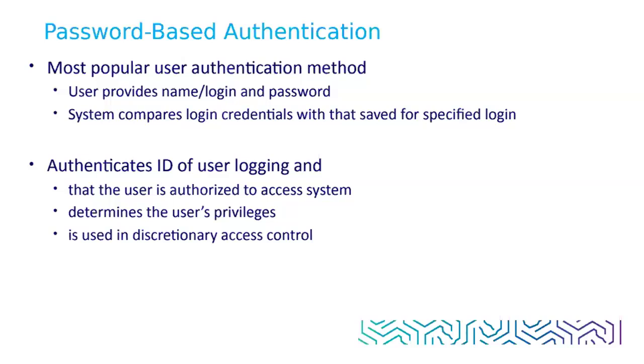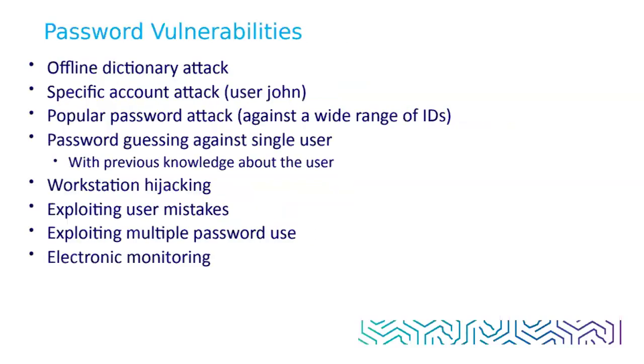So password-based authentication verifies a user's identity by comparing the username and password with stored credentials. Now, password vulnerabilities. See, passwords are not going to be perfect. If users choose weak passwords or fail to follow good security practices, attackers may gain unauthorized access.